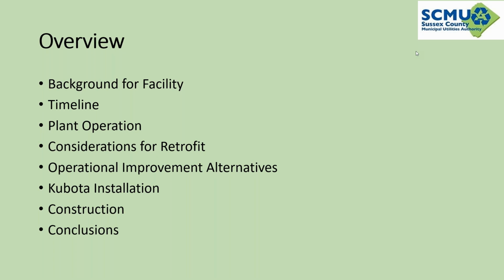Then an overview of the plant operation, more of a detailed overview of where some of the pitfalls were with the original equipment that was installed. And then a review of the considerations for a retrofit versus a replacement in kind. So a review of the operational improvement alternatives.